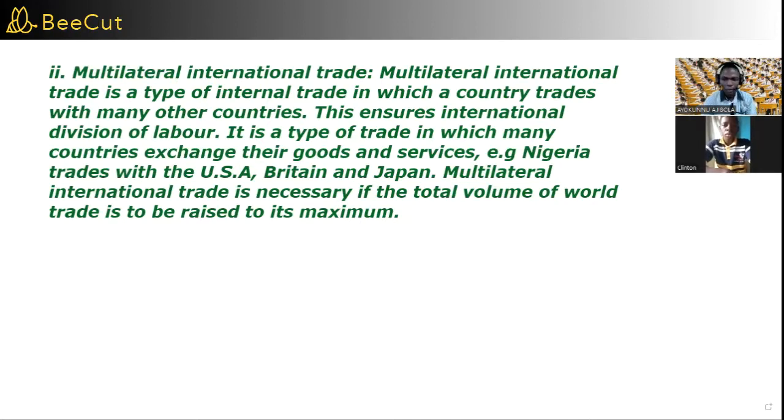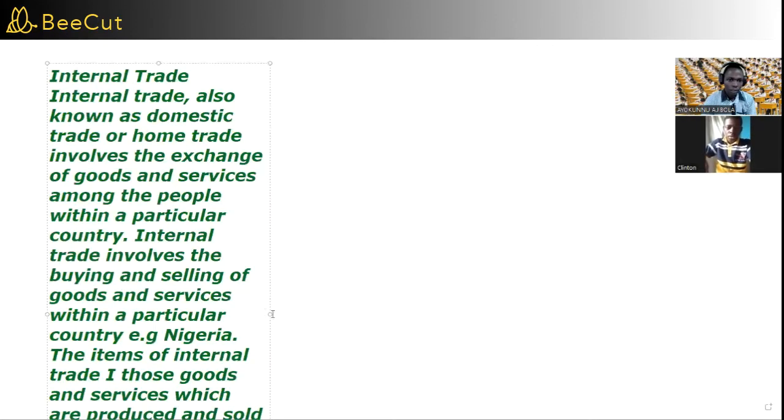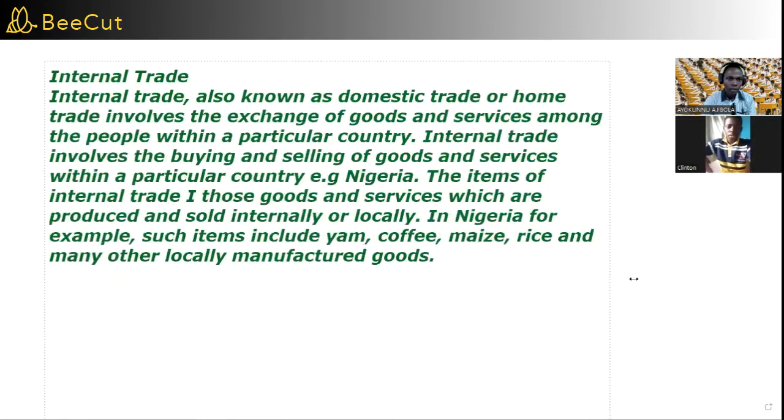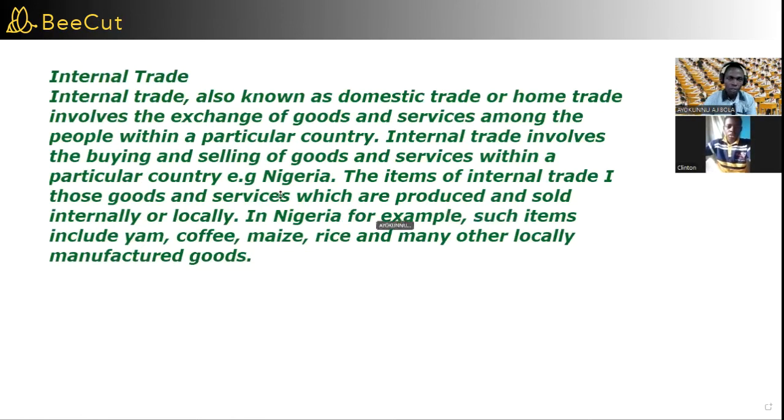So let me put up that for internal trade. Like I said, internal trade is also known as domestic trade. So you could see that in an objective question, say foreign trade is also called what? That is international trade, or domestic trade or home trade is also known as internal trade.